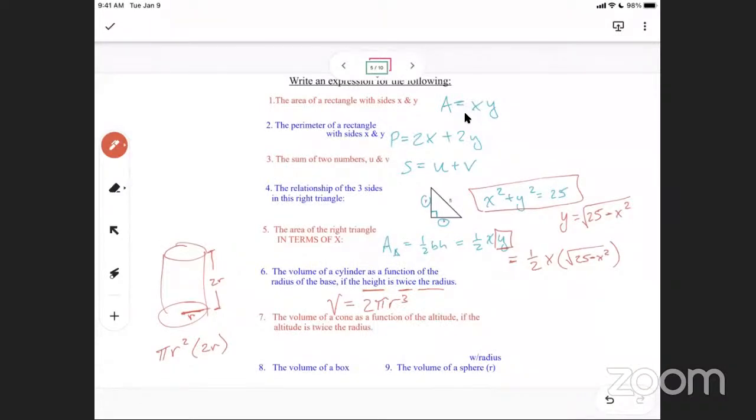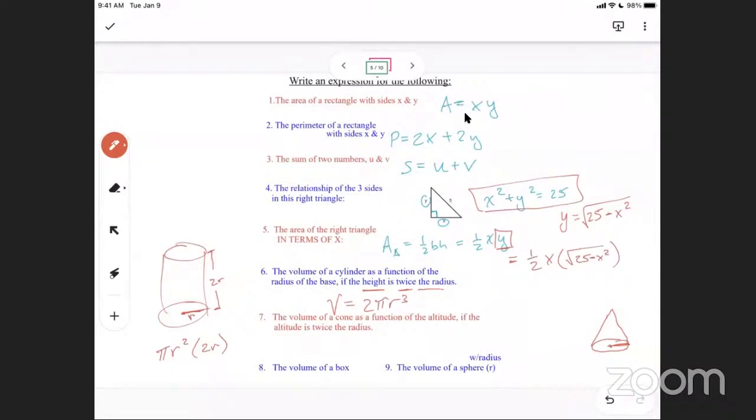That makes sense? All right, the volume of a cone as a function of the altitude, if the altitude is twice the radius. You're going to have to help me with this formula because I don't know it off the top of my head. What's the volume of a cone formula? I think it's 1/3 pi r squared height. That sounds about right to me.